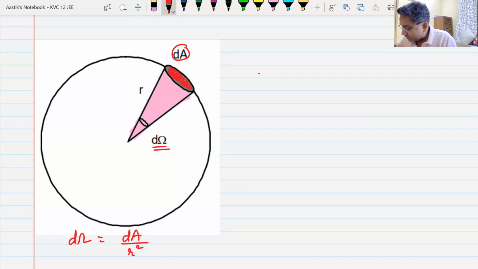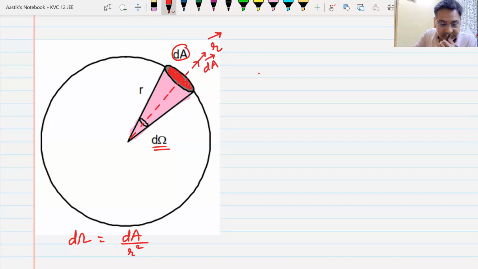Because here also, if I draw this r vector or unit vector r and this dA vector, they will be in the same direction. What I'm going to draw next is a diagram where they may not be in the same direction and they may be going in different directions.